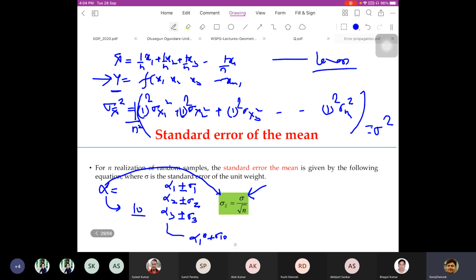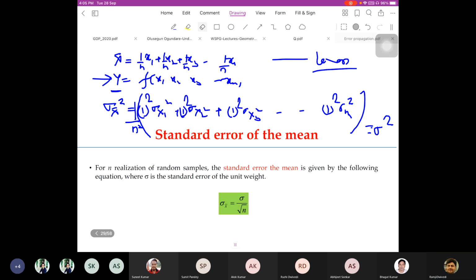These thresholds for taking the final observation will only come forward if you have enough confidence in your procedure. Is it clear? Yes, sir. Okay.